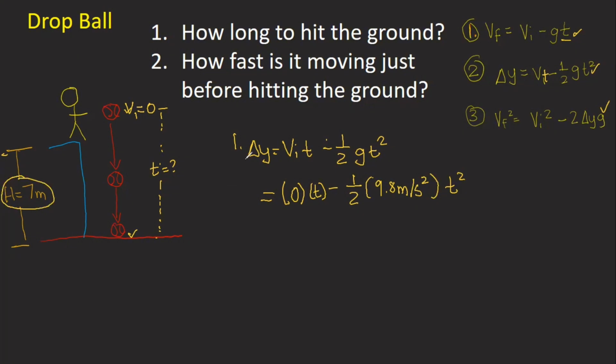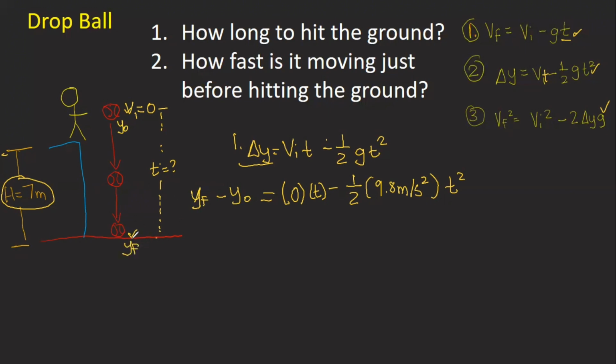Now, the change in y, if we expand it, will result to the final position minus the initial position. We know that the initial position starts here and the final position ends here.